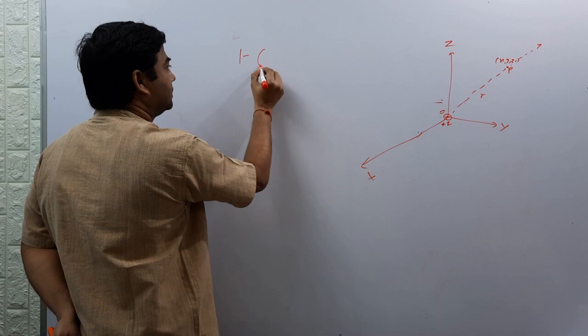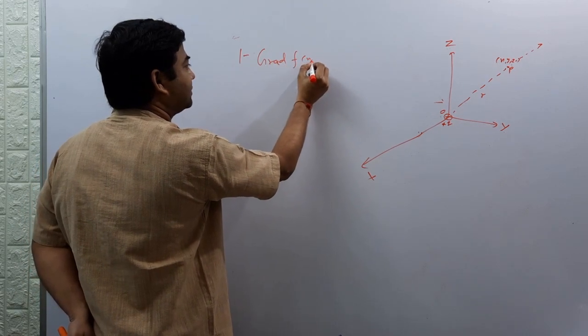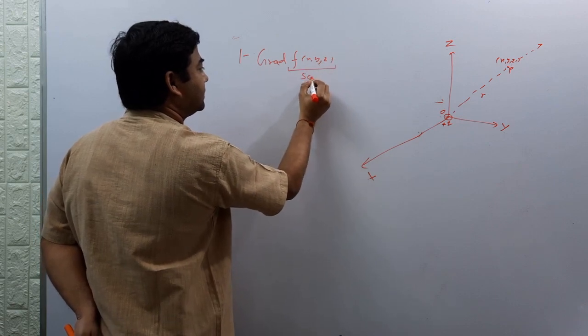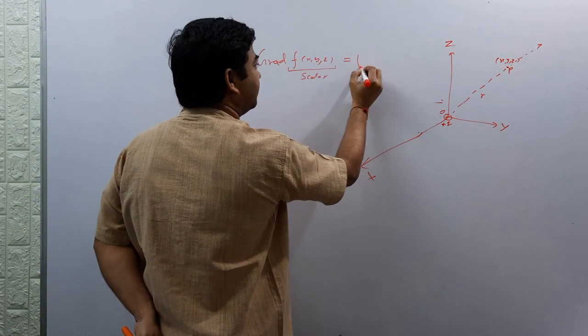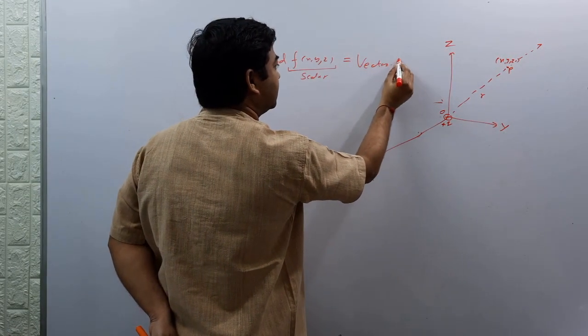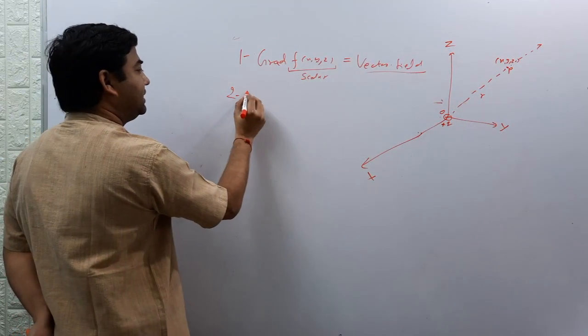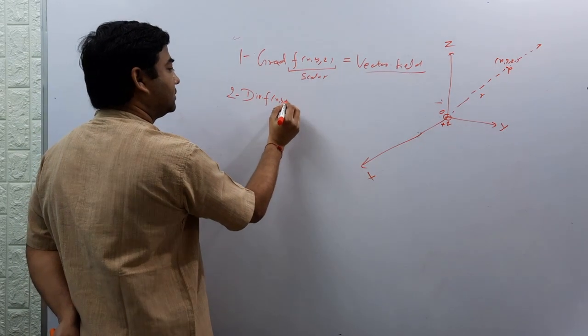So again I will repeat all these three operators. First was grad of function f(x, y, z). Here this function is a scalar function. So this is a vector field. Second is divergence of function.